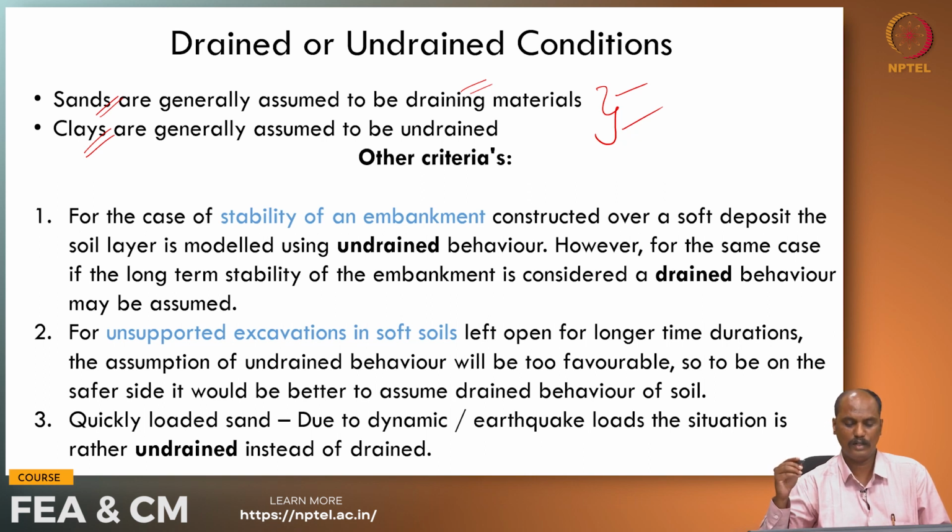For example, for the stability of an embankment constructed over a soft soil deposit, the soil layer is usually modeled using undrained behavior. However, for the same case, if you are interested in the long term stability of the embankment, you can assume a drained behavior.